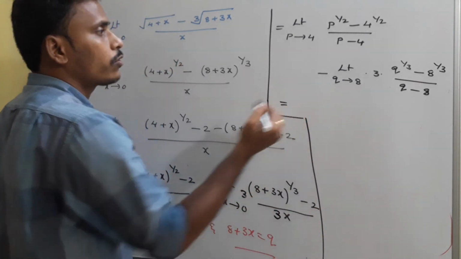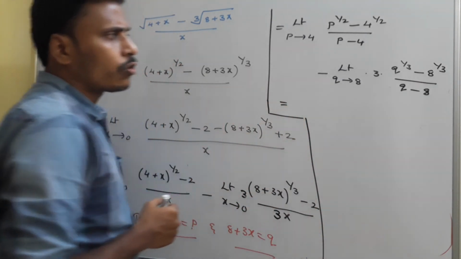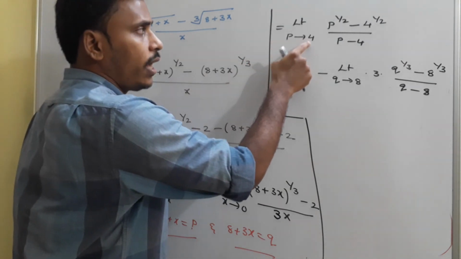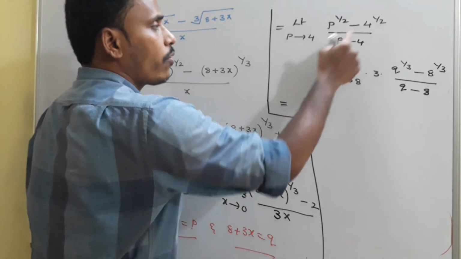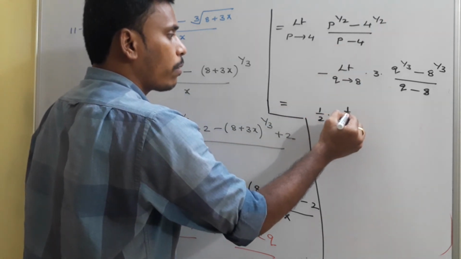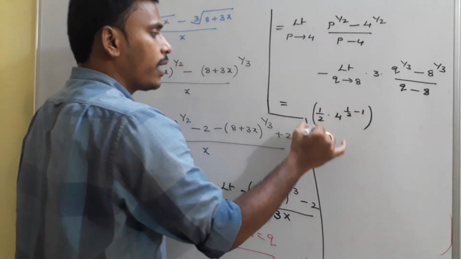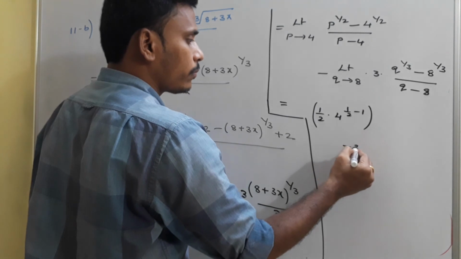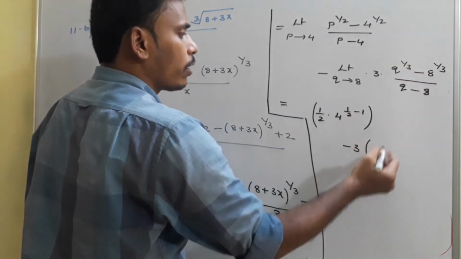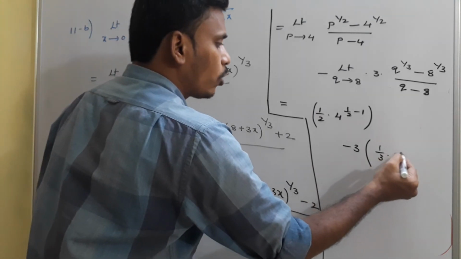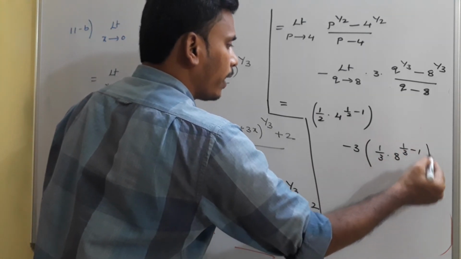Now have a look again, it is of the standard format: limit x tends to a of (x power n minus a power n) by (x minus a), which is n into a power n minus 1. So 1 by 2 into 4 power 1 by 2 minus 1, minus 3 into, here the power is 1 by 3, 1 by 3 into 8 to the power 1 by 3 minus 1.